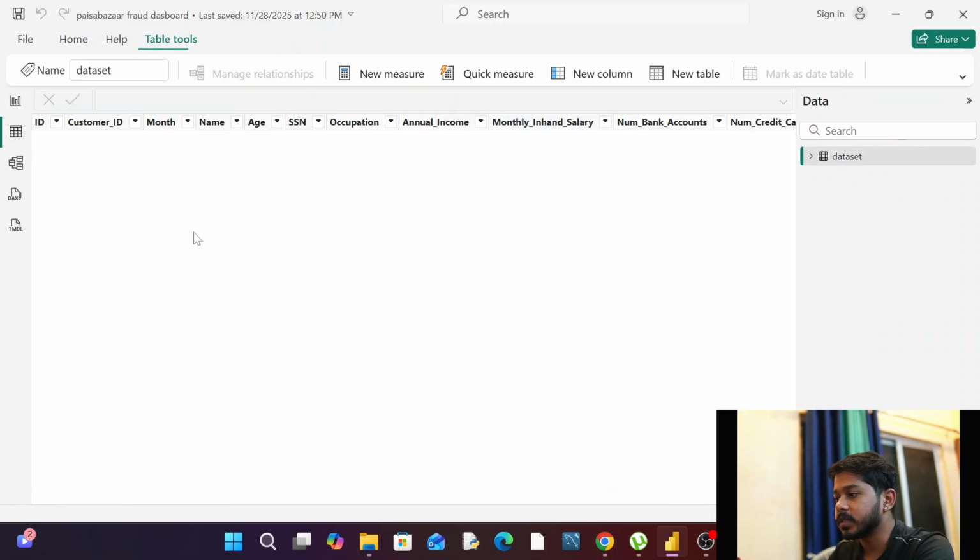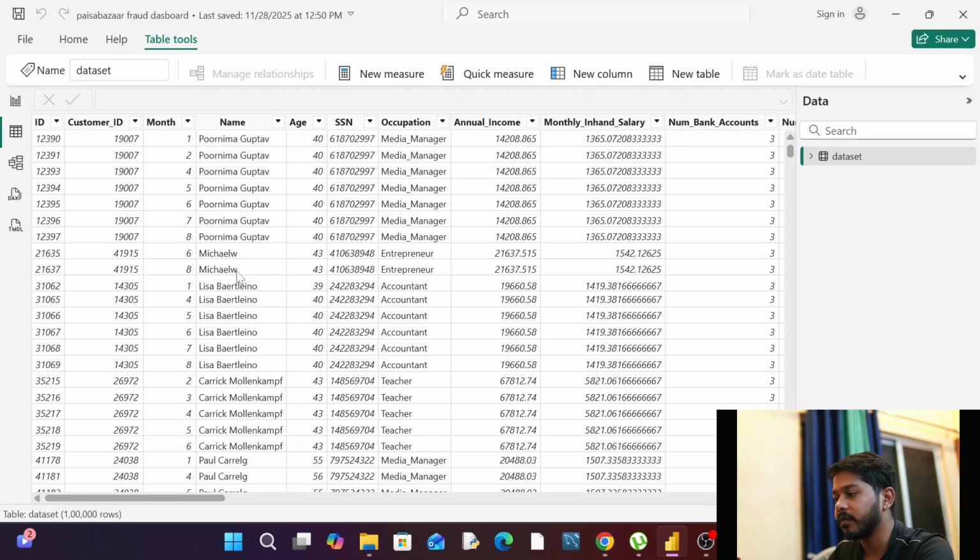In this window we will see the data set that we had. The first step that we started with in the project was to clean the data set. We checked if any columns had any missing values or not, or if the data types of the columns were correct or not. We do that in the Power Query editor.